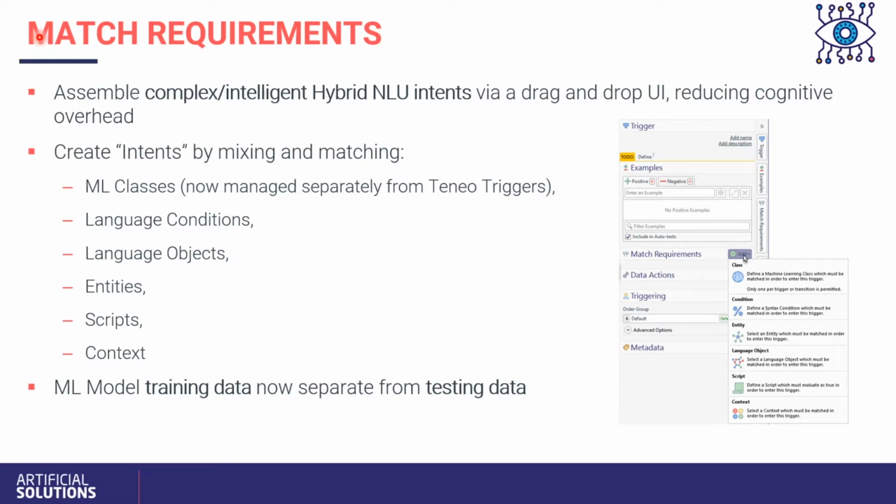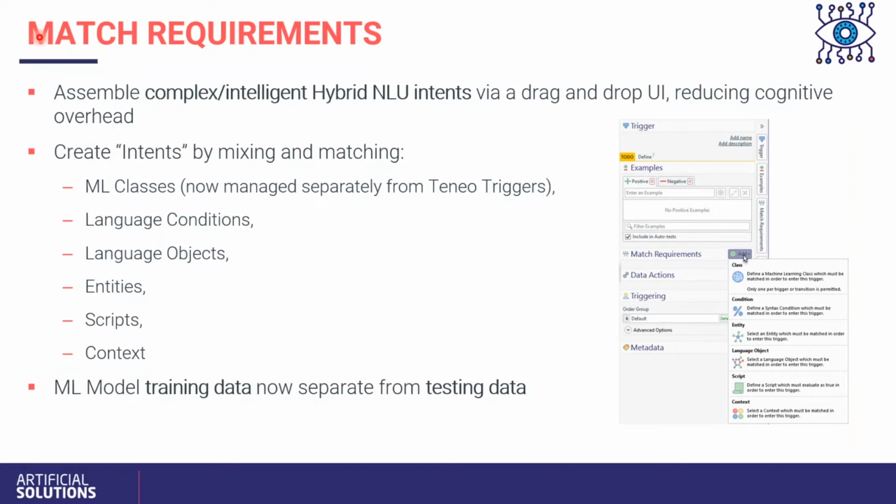Yeah. To 6, it's fully backwards compatible. So when you take your Teneo 5 solution and put it into Teneo 6, the platform knows how to convert what you have now into the new version. If you have a flow with a class trigger, it will automatically be converted into a trigger with a class match requirement, for instance.